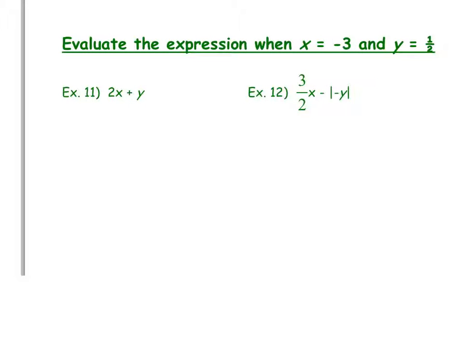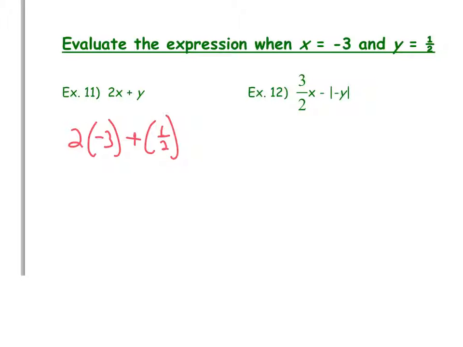Now we're going to evaluate expressions when x is -3 and y is 1/2. So all I do is substitute. I take 2x plus y, I substitute -3 for x, and then I add a 1/2 for y. And when I substitute and I'm evaluating, I always put the number that I'm substituting in parentheses.